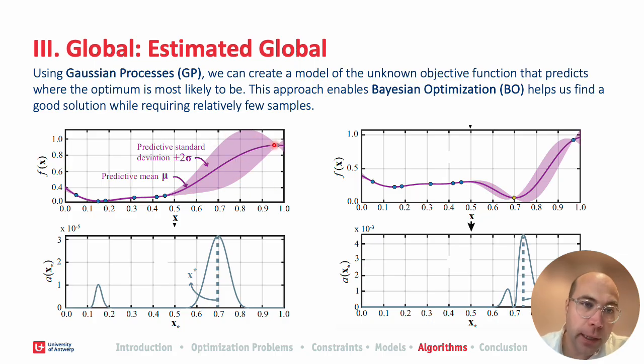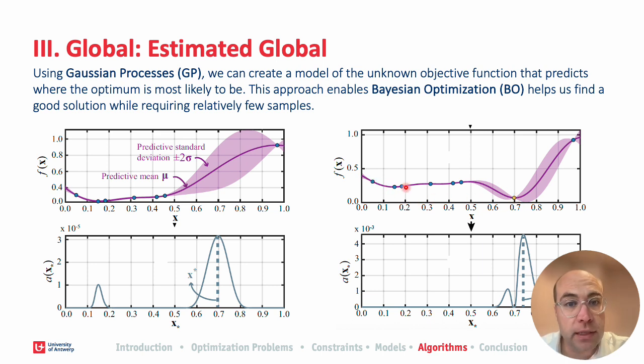And in that way, based on these sampled points, the blue ones, based on the predicted mean and the predicted uncertainty, the standard deviation, we might see that this is the most interesting point to poll next. And if we do that again, we poll this point.